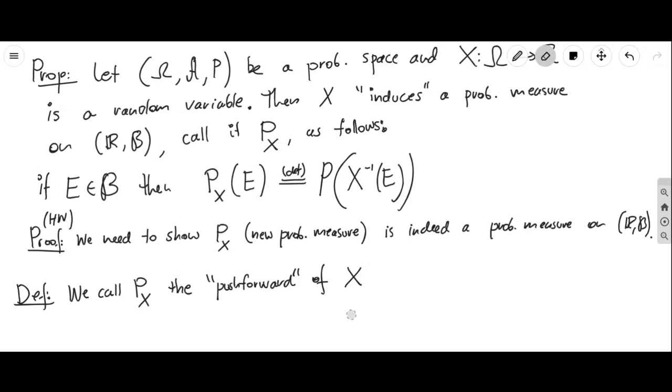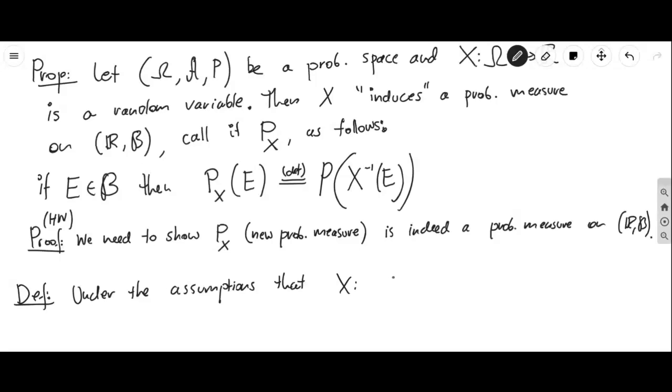So maybe what we can say is, let's do it like this. So under the assumptions that we have a random variable on this sample space.